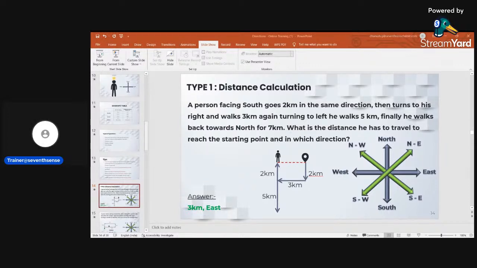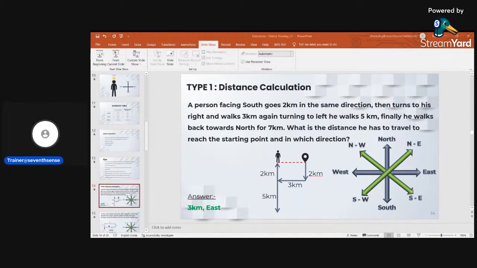So this is the next question. Mary started from her house and walks 13 meters north. Then she turned right and walks for 10 meters. She then took a right and walks for 5 meters, and then she turned left and walks for 5 meters. How far is she standing from her house?